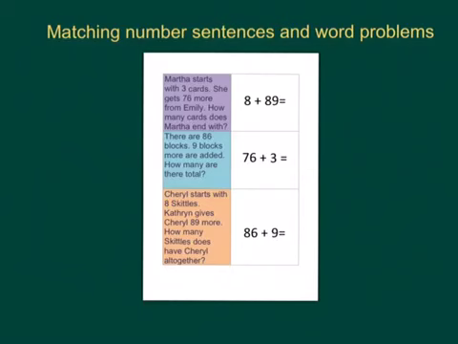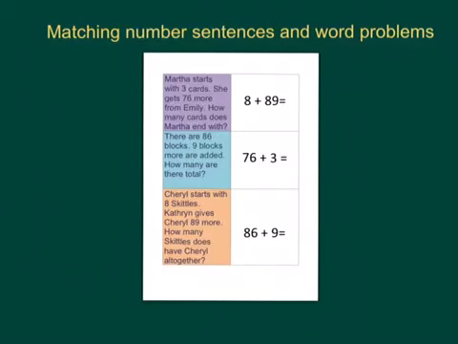Okay, if we needed to match number sentences in word problems, this is what we need to do. We need to look for key words and the key information in those word problems to figure out the number sentence. Martha starts with 3 cards. She gets 76 more from Emily. How many cards does Martha end with?